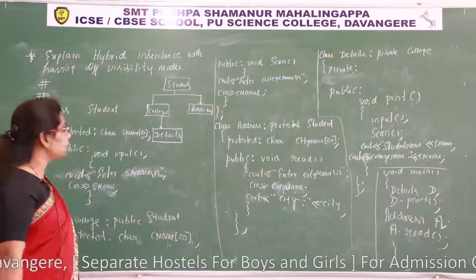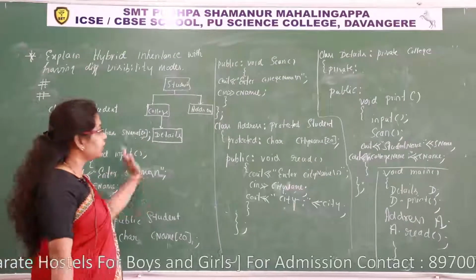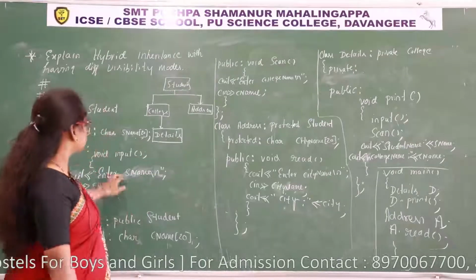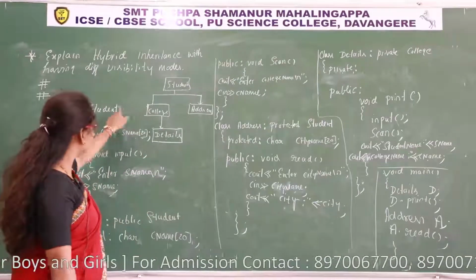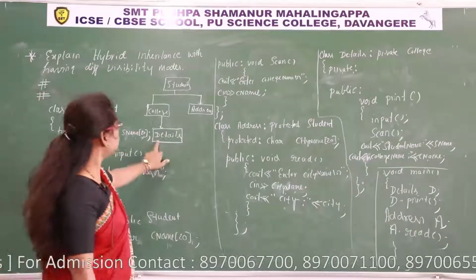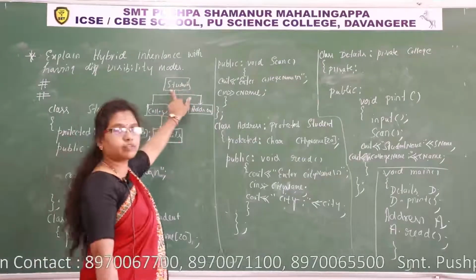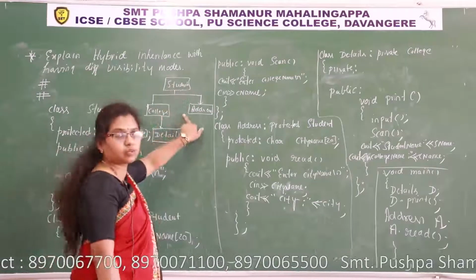So in this example I have explained hybrid inheritance in different modes of inheritance. See, the college class is inherited from student class in public mode. Details class is inherited from college in private mode. Address is inherited from student in protected mode.